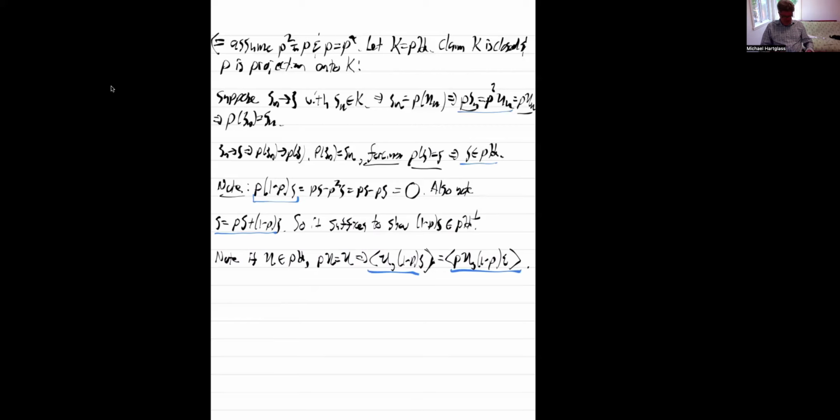Okay. And now, if you've been following along, we have heavily been leveraging the fact that P squared is P, and we have not yet at all leveraged the fact that P is self-adjoint. So I figure that now is a pretty good time to do that.